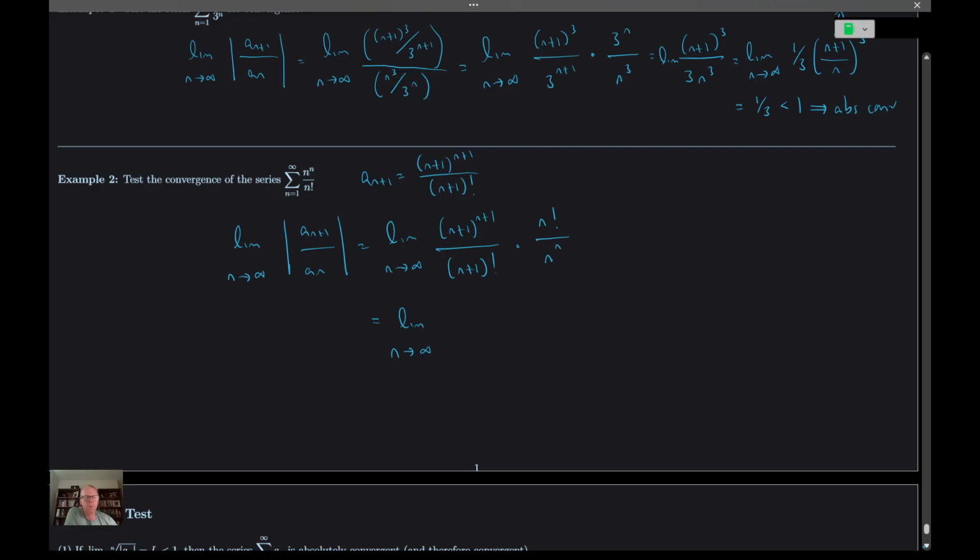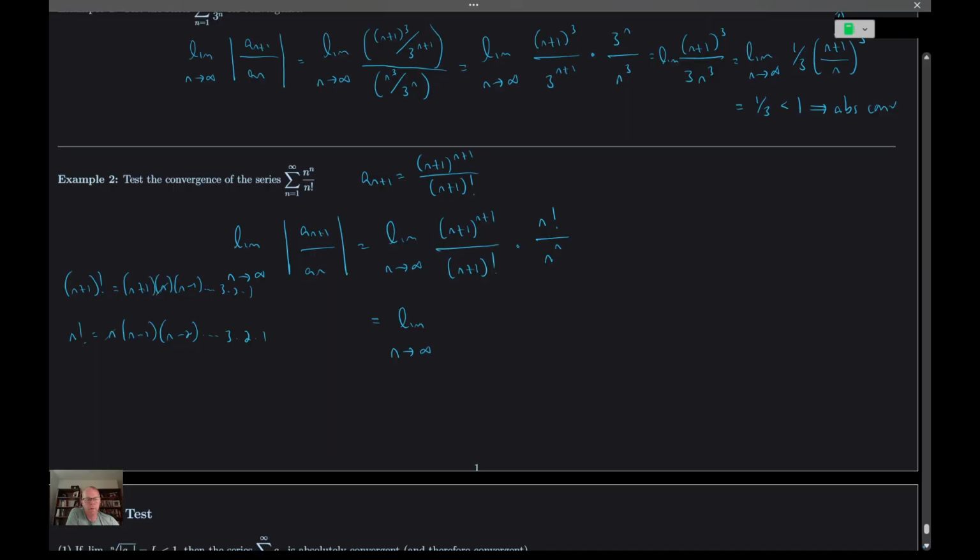If you haven't worked with factorials in a while, n plus 1 factorial and n factorial are just where you multiply the number in the factorial by every number that comes before it. So n plus 1 factorial will be n plus 1 times n times n minus 1 all the way down to 3 times 2 times 1. n factorial will be n times n minus 1 times n minus 2 all the way down to 3 times 2 times 1.